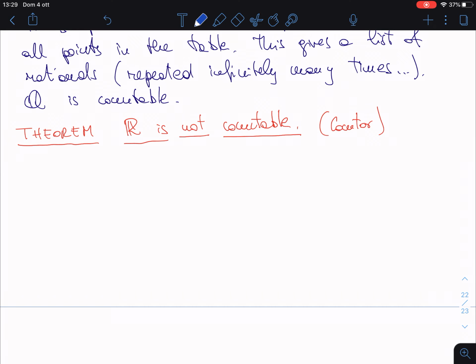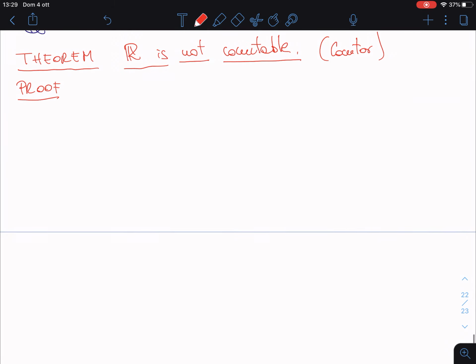And the proof is the following. Again, it is very difficult the first time, so read it again and again and again. The proof says, by contradiction, suppose R is countable.